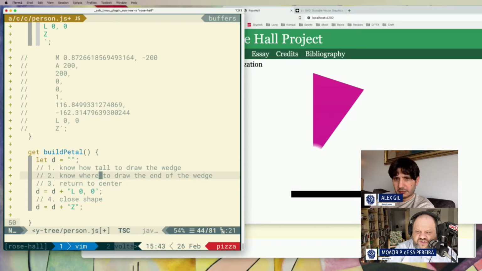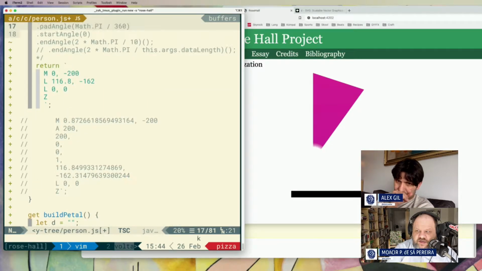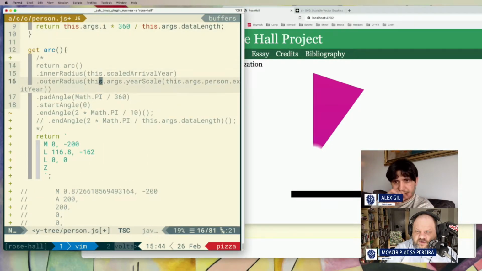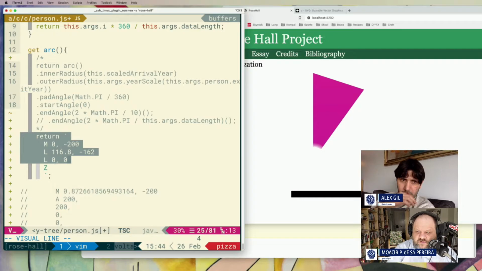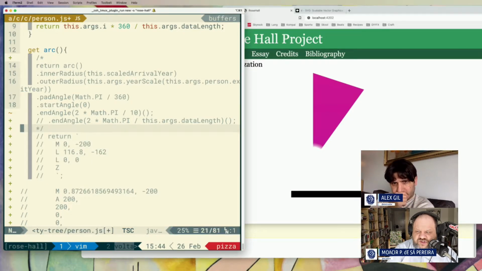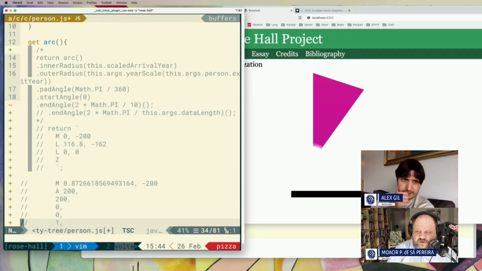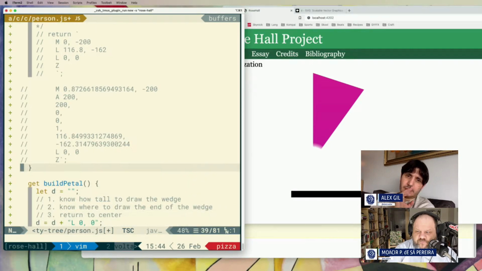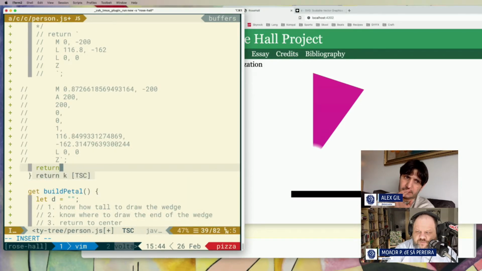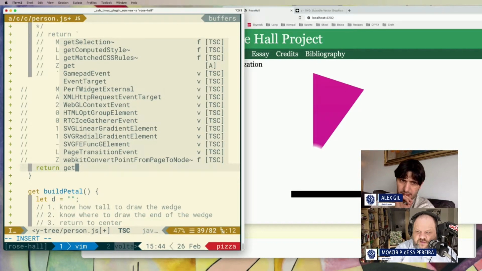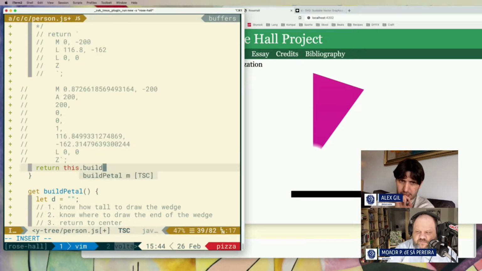And then these two we have to calculate now. And so then here, instead of this confusing stuff, we can just return this build pedal.